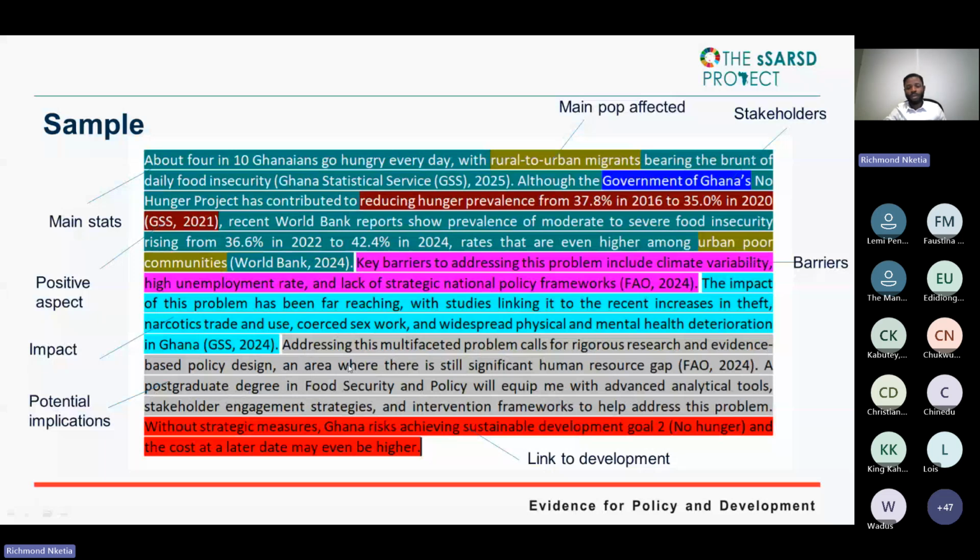So I wouldn't wait for the one reviewing my application to think about that. Then I add it to the sentence and say, yes, this is what we need, but there's still a significant human resource gap in this area. And so a postgraduate degree in food security and policy will equip me with advanced analytical skills, stakeholder engagement strategies, and intervention frameworks to help address this issue.